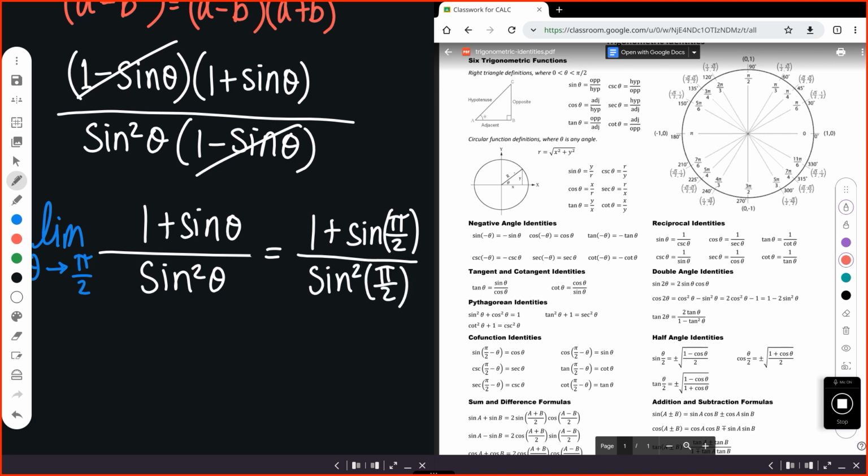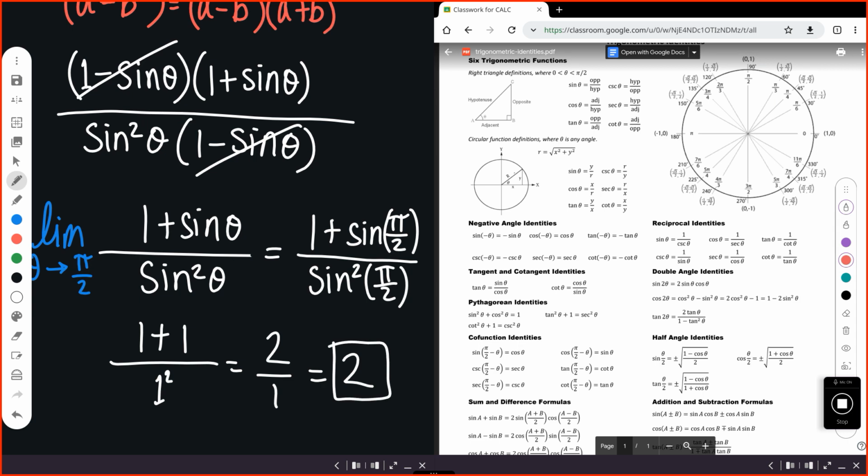And we've stated that it's my y value, which is 1, so let's rewrite that and say 1 plus 1 over, I'm really just saying 1 squared, which is equal to 2 over 1. So my answer, or my limit, is 2.